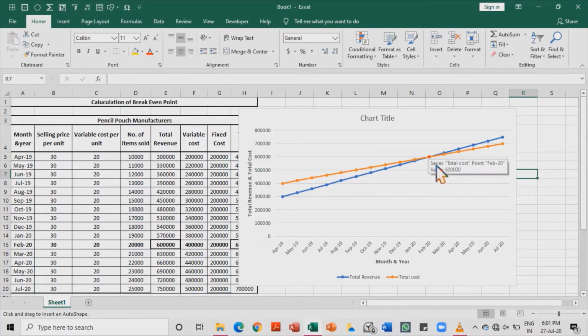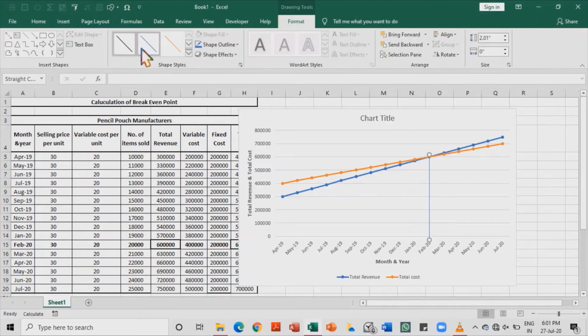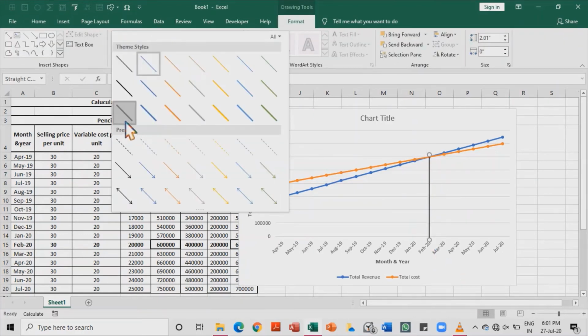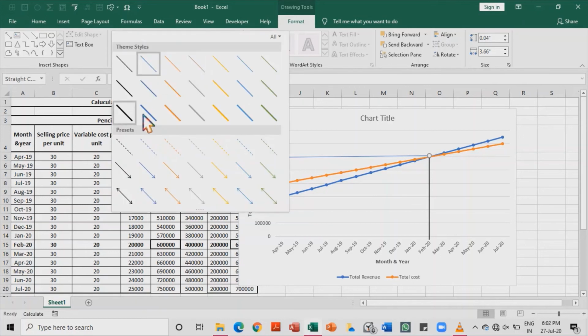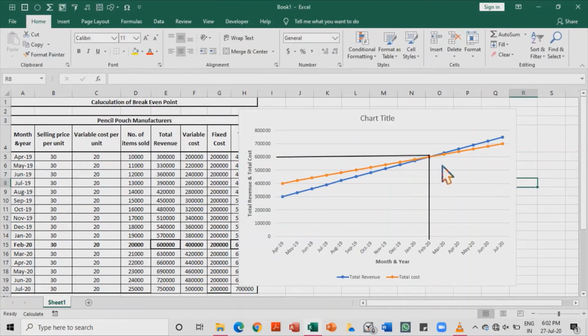Let me do some more work for a better visualization. Let me add some lines for that. Yeah, this line denotes that in February 2020 the firm breaks even and the value of total revenue and total cost is 6 lakh.